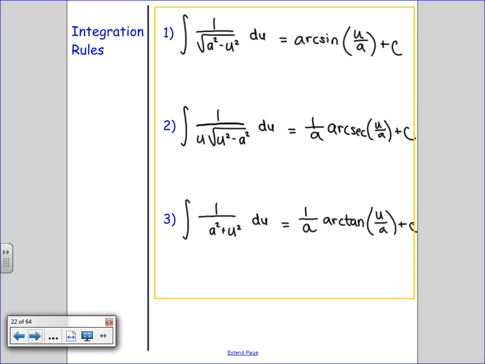I'm going to show you both and you get to choose what you want to do. I'm having you write down this one because it simplifies the algebra, even though it makes the formula more complicated.